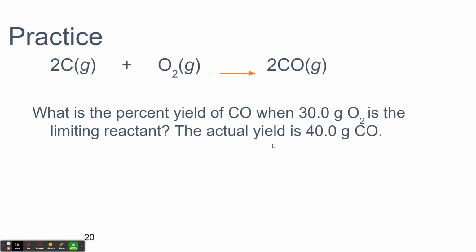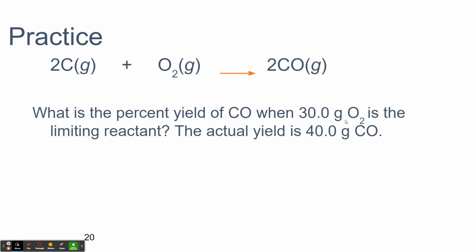Alrighty, so here's our first practice problem. You can pause here and we're going to go over it just a second, or feel free to continue watching. Just make sure you record the process in your notes. We have our balanced reaction, right? 2 carbon, 2 carbon, 2 oxygen, 2 oxygen. We want to know what is the percent yield of carbon monoxide when 30 grams of oxygen is the limiting reactant.